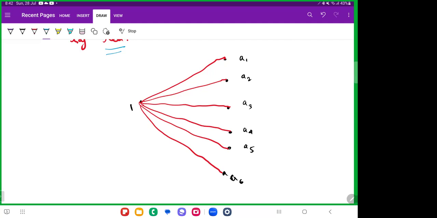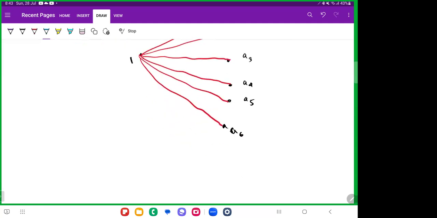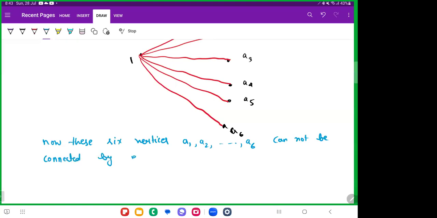Yes, yes. So they cannot be connected by red color. Let me write. Now these 6 vertices A1, A2, up to A6 cannot be connected by edges of red color.